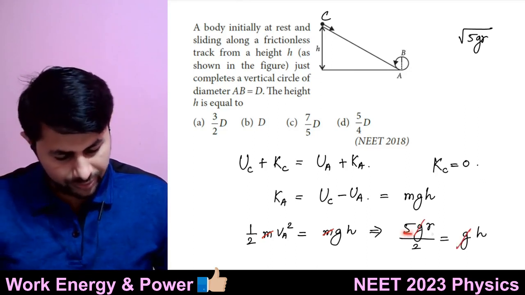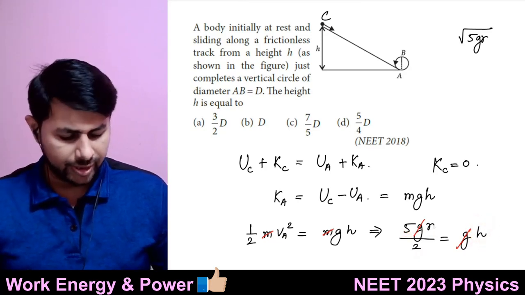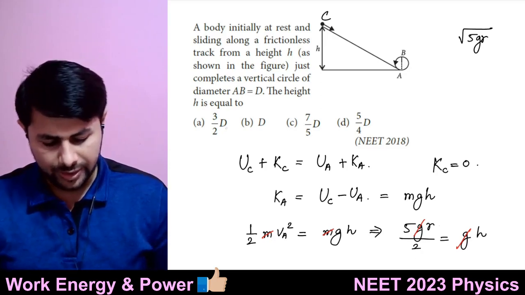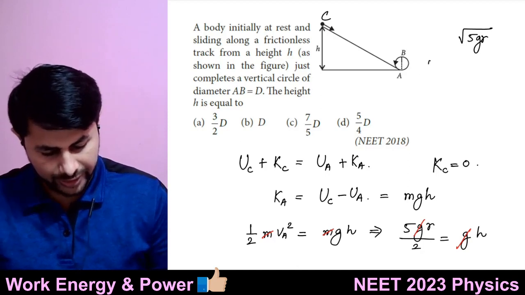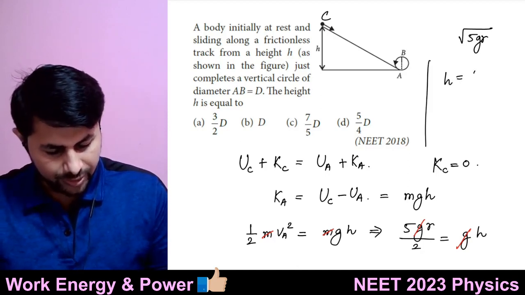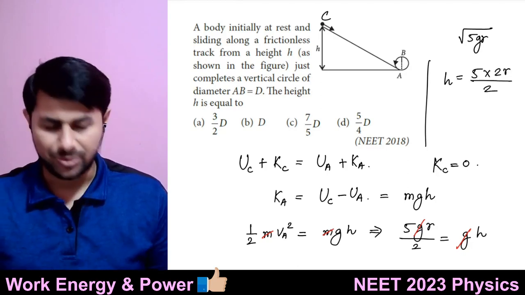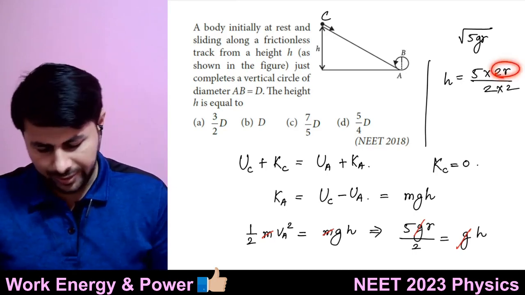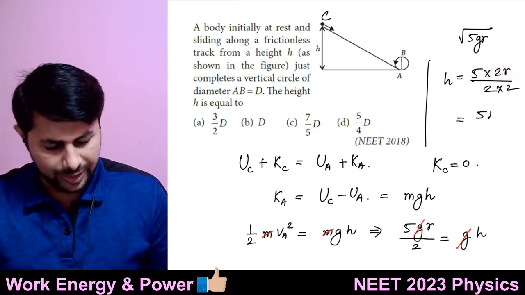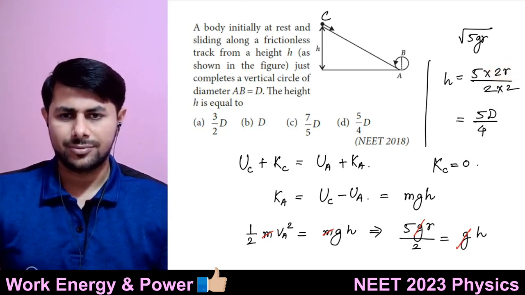You get 5r upon 2 is equal to h, and you can multiply and divide by 2 because you want h in terms of d. So h is equal to 5 times 2r upon 2 times 2. 2r is d, okay? So you get 5d upon 4. This is the answer, right?